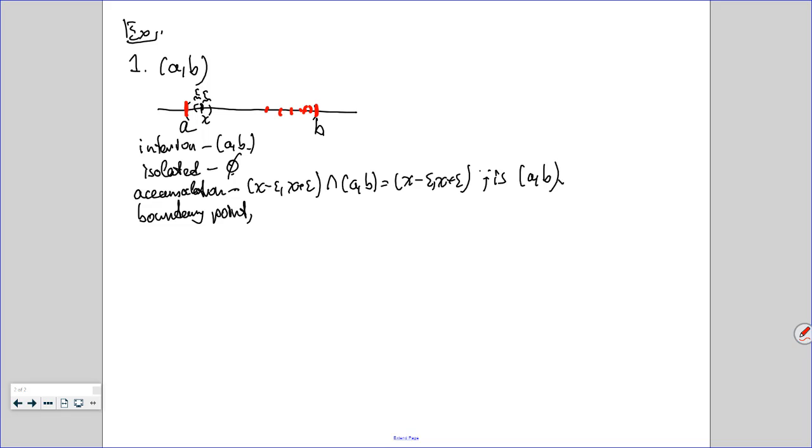But if we look at A and B themselves, whatever epsilon we take, there is one point to the left that is outside of the interval AB, and the other point is inside AB. So the boundary points of the interval AB are A and B.